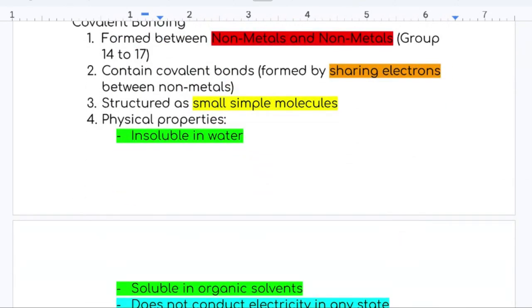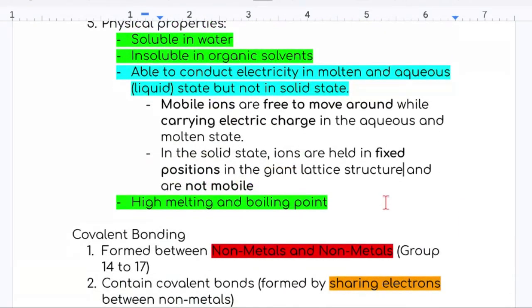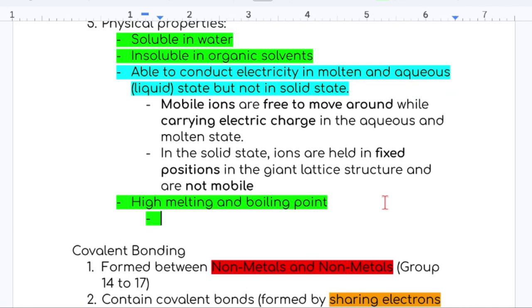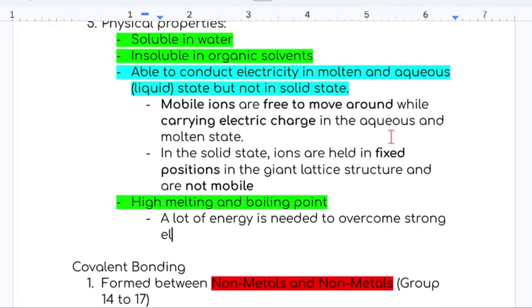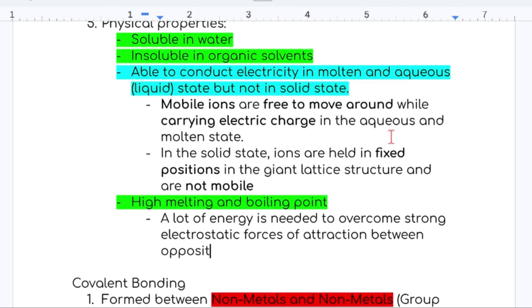Now let's go to the high melting and boiling point. Why does it need a high melting and boiling point? Well, for ionic bonding, a lot of energy is needed to overcome strong electrostatic forces of attraction between oppositely charged ions.